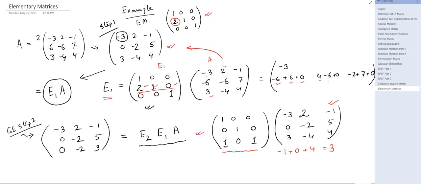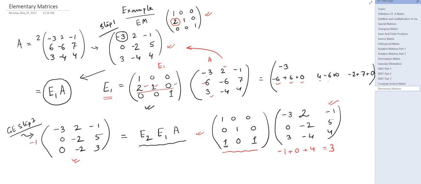So we are up to this, but we have still not created the upper triangular matrix, right? So that means we have to go one more step, and one more step is very simple. We can just multiply this second row by minus 1 and add it, we will get it.